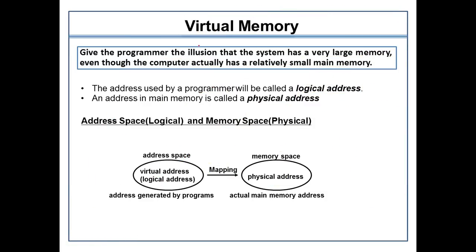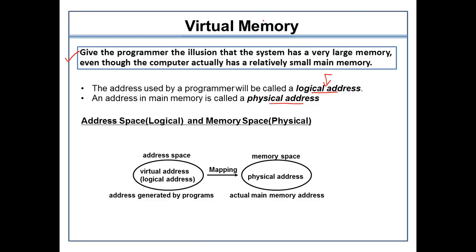Overall, I told you that virtual memory is simply an illusion, right? So we understand two aspects. There is a logical address, and there is a physical address. The logical address is also called the address space or the virtual address. The physical address exists in the memory space, and it is totally related to the main memory.